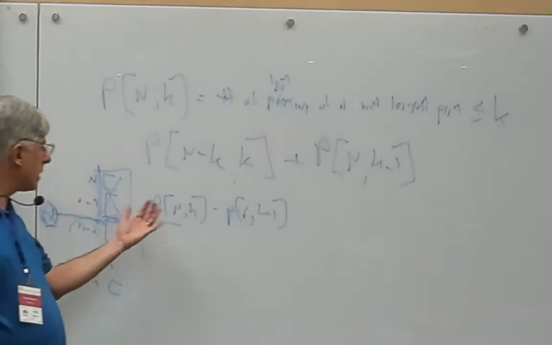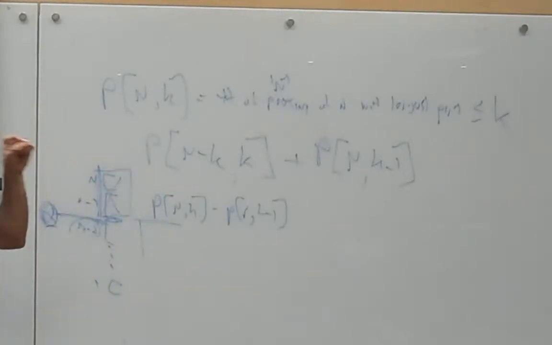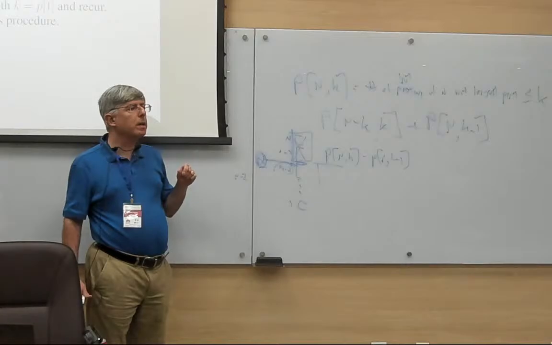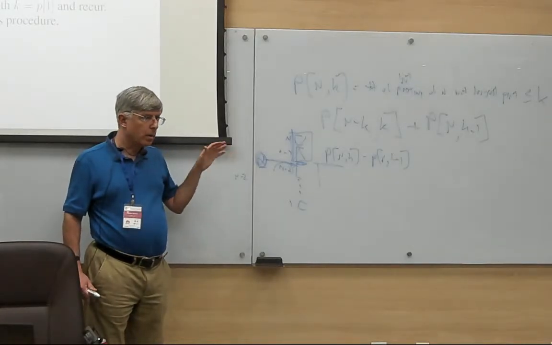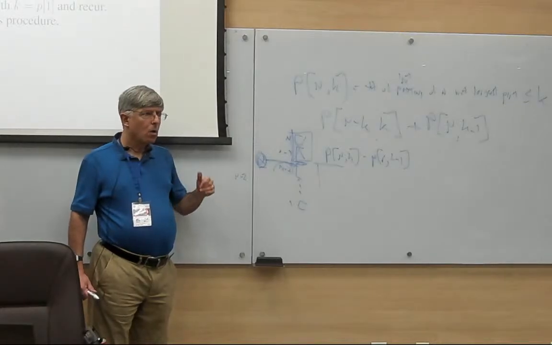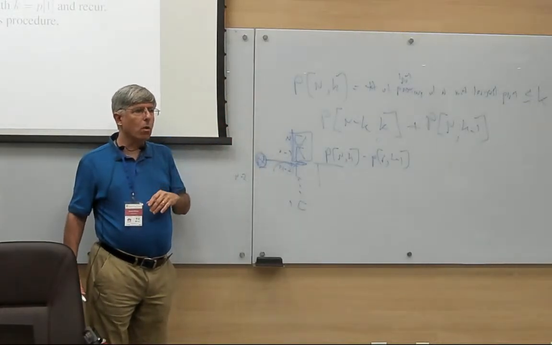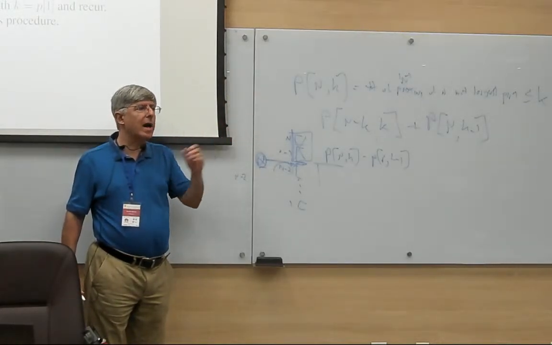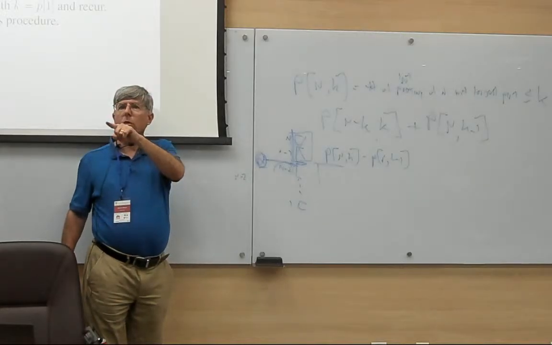So I can recur and keep pulling off my largest part successively. This gives me a way to unrank, and by doing this in the opposite order, given a partition, to rank it. Any questions about that?